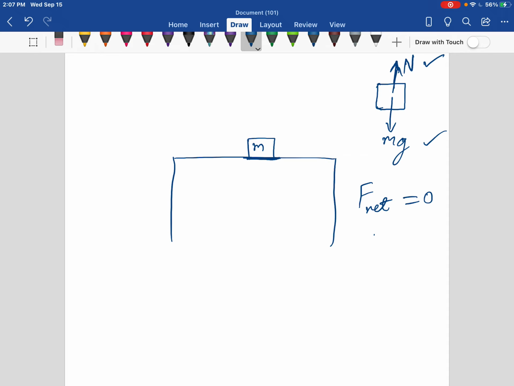If net external force is zero, then acceleration will be zero. Okay, so here acceleration only depends on the net external force. Acceleration of any object depends on the net force, or the net external force on that object. What we mean by net force or the net external force is that we have to sum up all the forces.